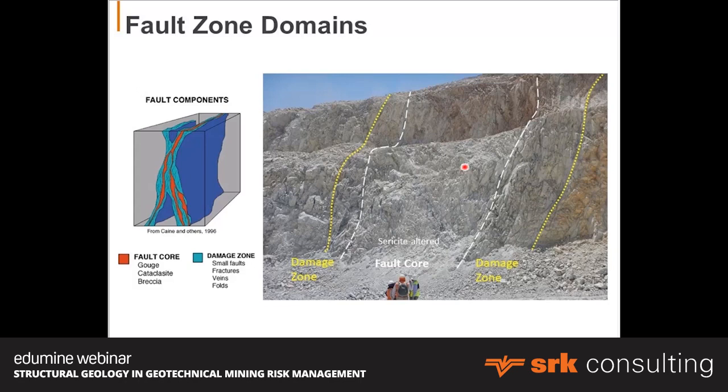You have a fault zone, fault core, probably over 10 meters wide in this area, full of clay and gouge and breccia. Okay, you've got an intense damage zone on either side, and in fact there's even a wider damage zone beyond that. That's what needs to be described and understood. Map the domains, map the zones, the fault zones, and the damage zones.